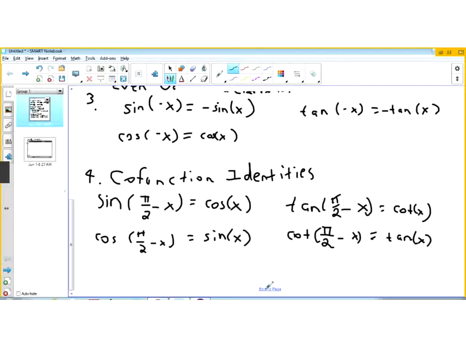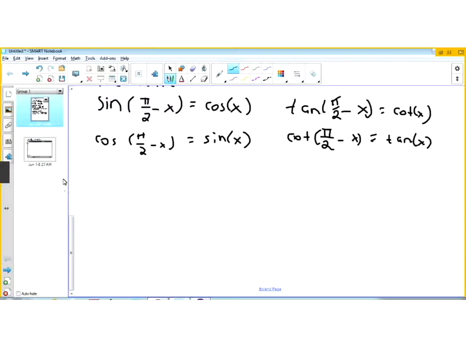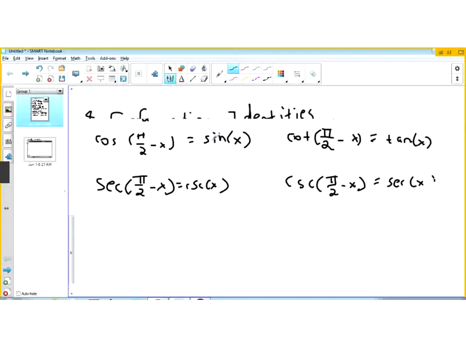Then for the other functions I didn't mention, the secant of pi halves minus x is equal to cosecant of x, and you can validate that graphically as well or through a function table. The cosecant of pi halves minus x is equal to the secant of x. So those are the cofunction identities.